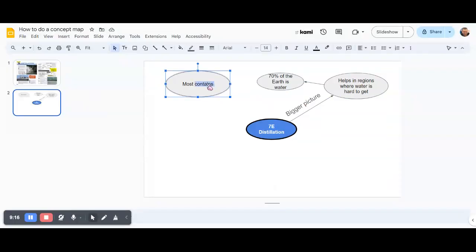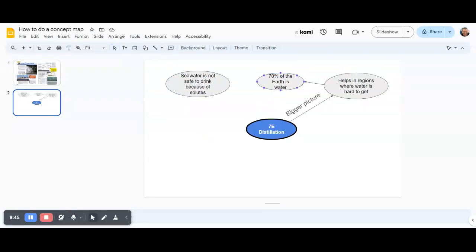So most is not safe to drink because of solutes. Somewhere I want to put seawater, so let's just say seawater is not safe to drink because of solutes. Then we can pick another line.